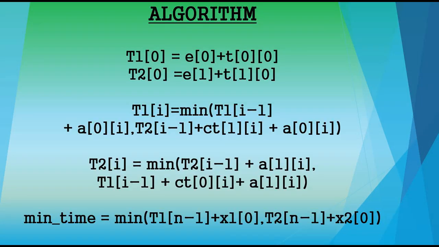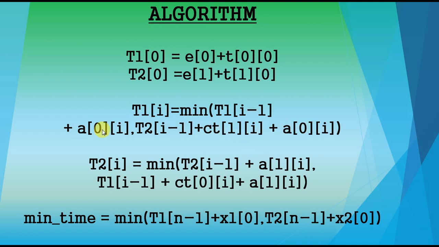This is the algorithm of the assembly line scheduling problem. As you can see, the first cell of the array is calculated by adding the entrance time to the time taken at the first station, at each of the assembly lines. Now then this becomes our algorithm. So T1[i] will be the minimum of T1[i-1] plus A0[i], and T2[i-1] plus CT1[i] plus A0[i].